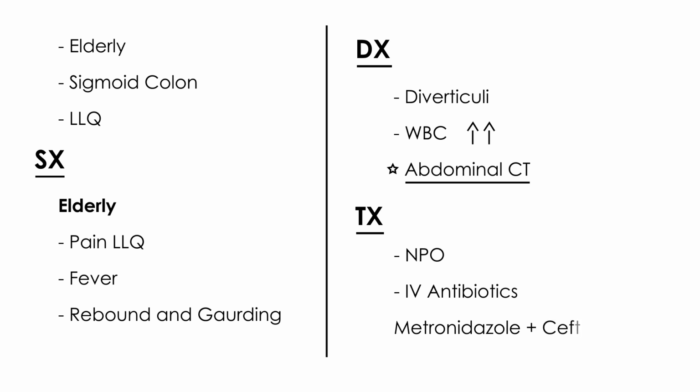Most popular combination is these two, metronidazole and ceftazidime, given IV, of course. And yeah, that's essentially the hallmark of the treatment of diverticulitis. And sometimes, if it is very severe, there's some significant perforation involved, and the case is very severe, then surgical treatment is necessary.